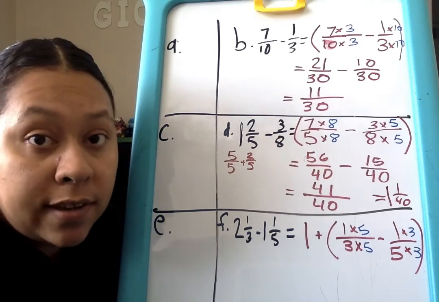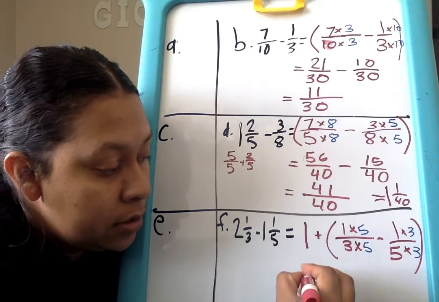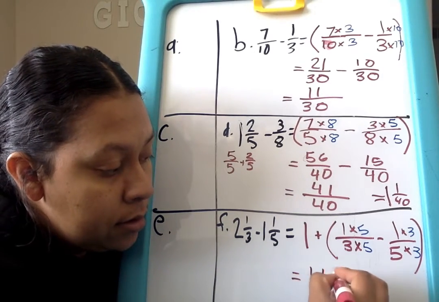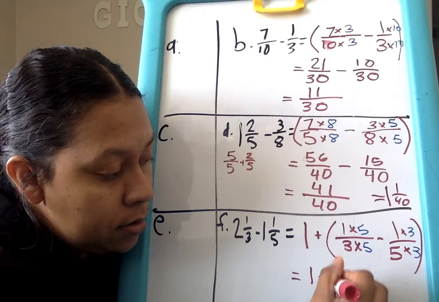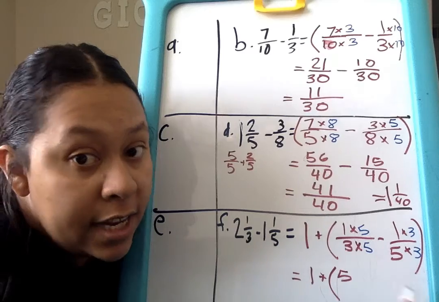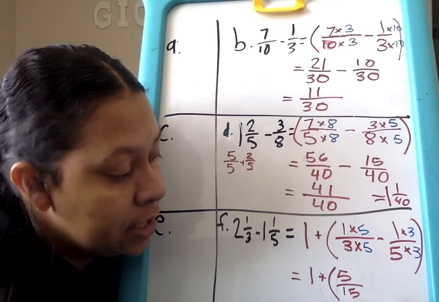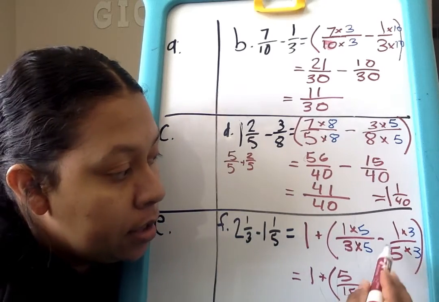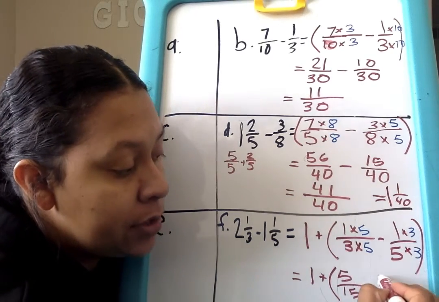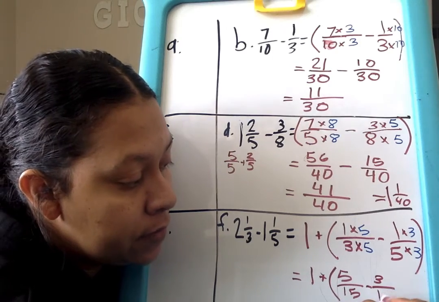Okay, so now let's find our equivalent fractions by multiplying these. So we still have the 1 plus, so let's just bring it down in parentheses. And then 1 times 5 is 5 over 3 times 5 is 15. Minus 1 times 3 is 3 over 5 times 3 is 15.